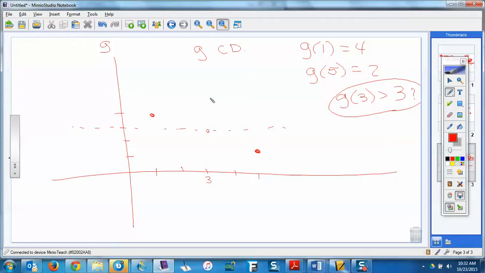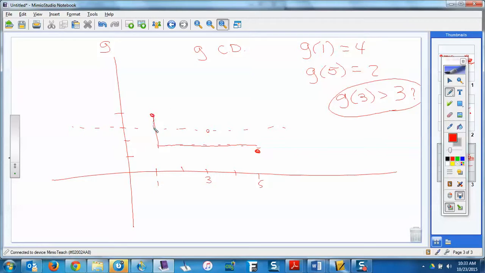Yes, that's not enough, but you're on the right track. If it was at 3, then it would just be a line. The key is the slope between these two points. This is down 2 over 4, which means it's a slope of negative 1/2.